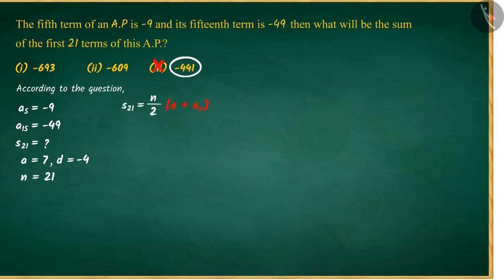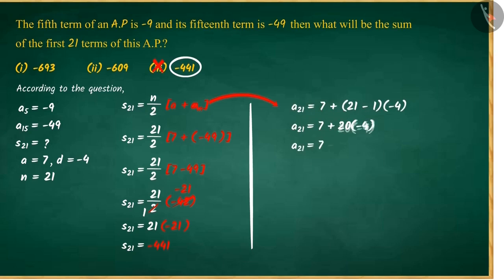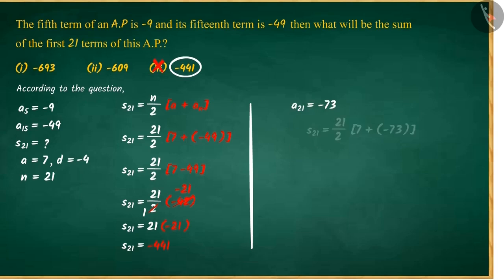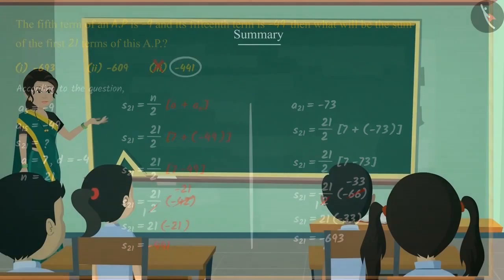When substituting the value in this formula, instead of an, you solved the equation with the value of a15. You forgot that we have to find the sum of 21 terms of the arithmetic progression. So it is not a15 in place of an. Instead, we have to find the value of a21, because of which your answer was incorrect.